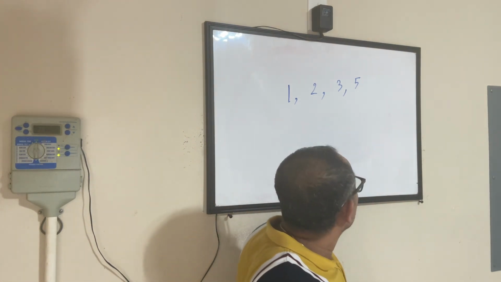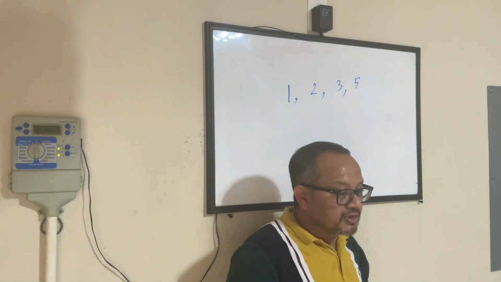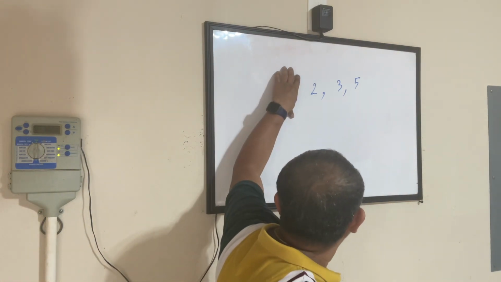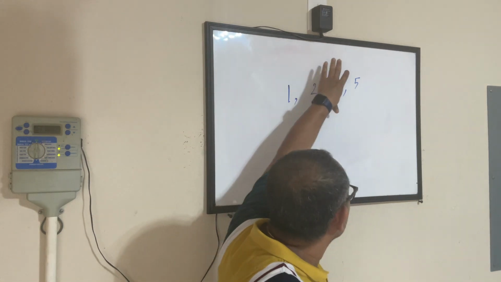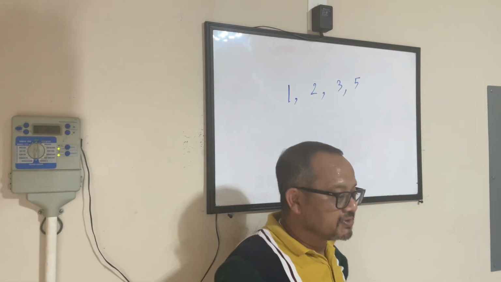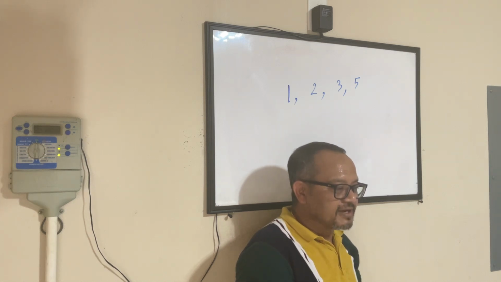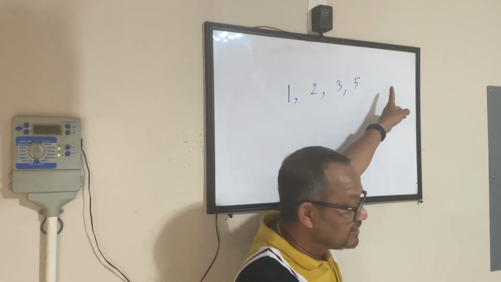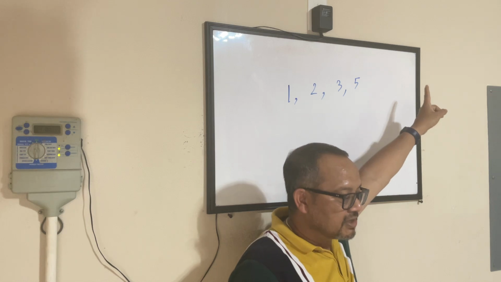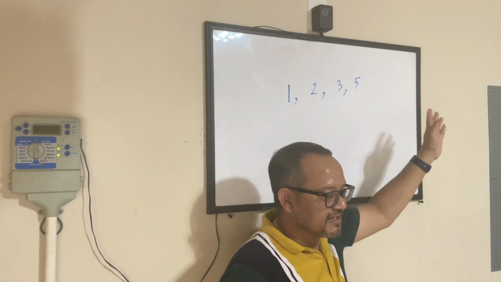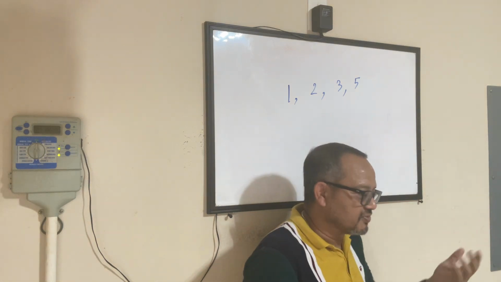Let it be how many chapatis you ate for 4 consecutive days. On one day you ate 1, second day you ate 2, third day you ate 3, fourth day you ate 5. Now, mommy is trying to figure out on the 5th day how many chapatis Gautam or Dhanushri or Biren would eat. I'm not saying whose data it is. It could be my data. It could be one of yours.